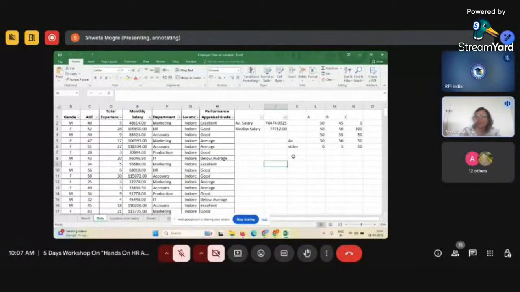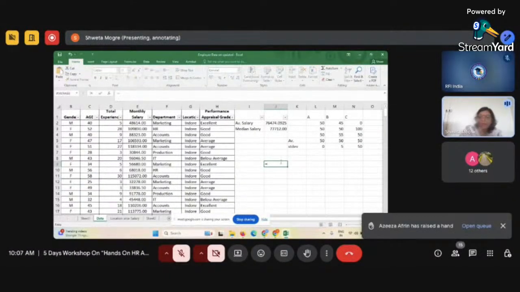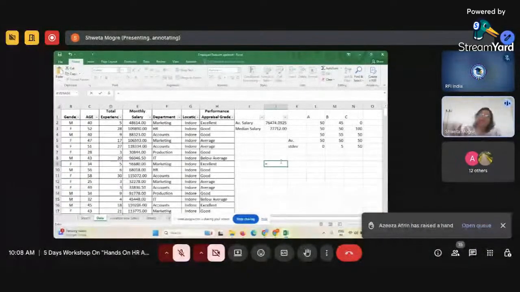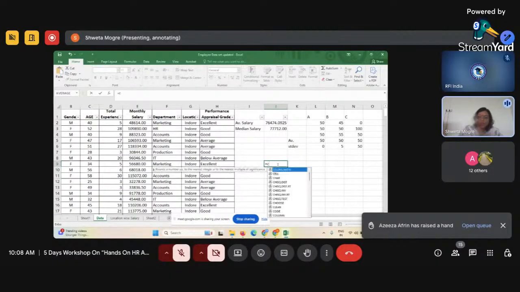Participants, just acknowledge me so I can start. As I told you, every tool has two or three methods. I'm showing you the direct formula method. Suppose this is cell J9, where I am applying the correlation formula.